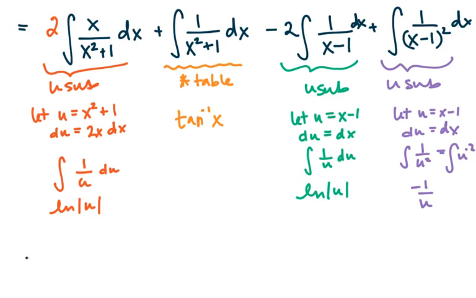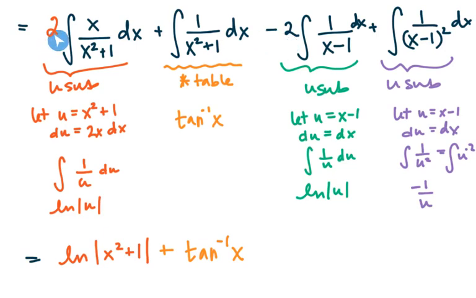So my answer here, my first term is the natural log of u. My u substitution on that first was x squared plus 1. My second term is tangent inverse of x. My third term, I have minus 2 of that.